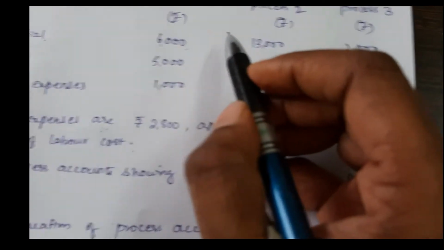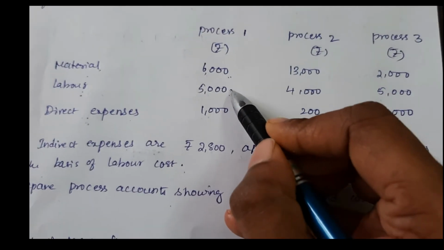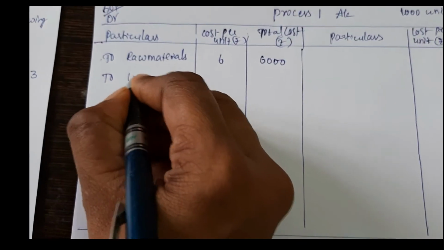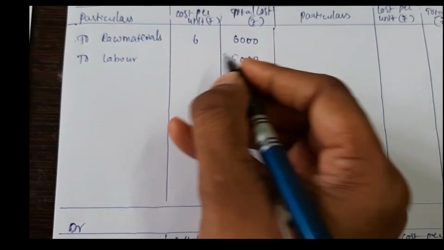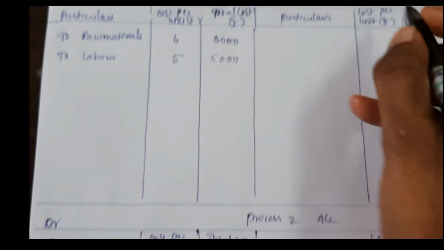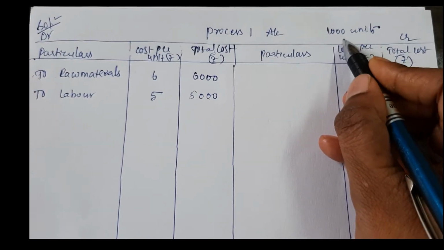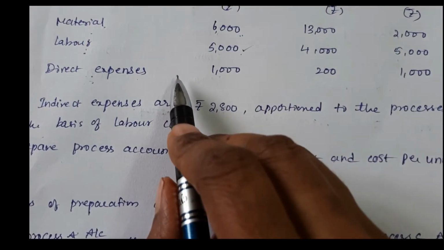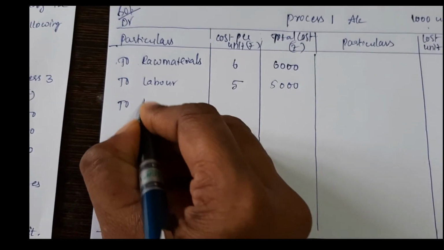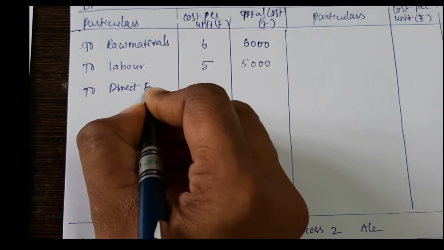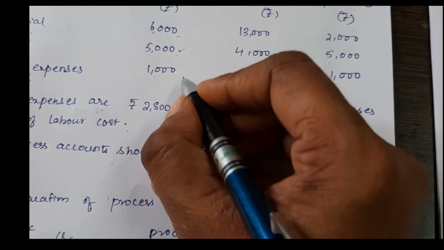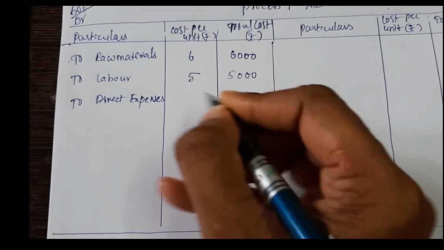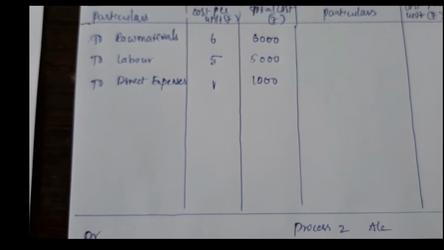Then to labor 5,000, and this will become rupees 5: 5,000 divided by the number of units produced, 1,000, will become 5. Then to direct expenses rupees 1,000, and cost per unit will become rupee 1.